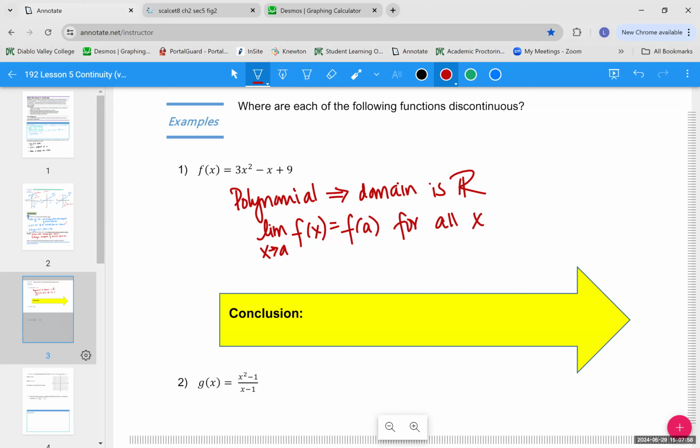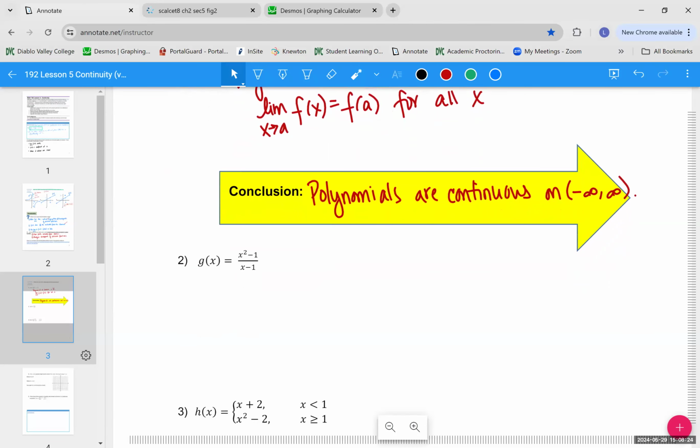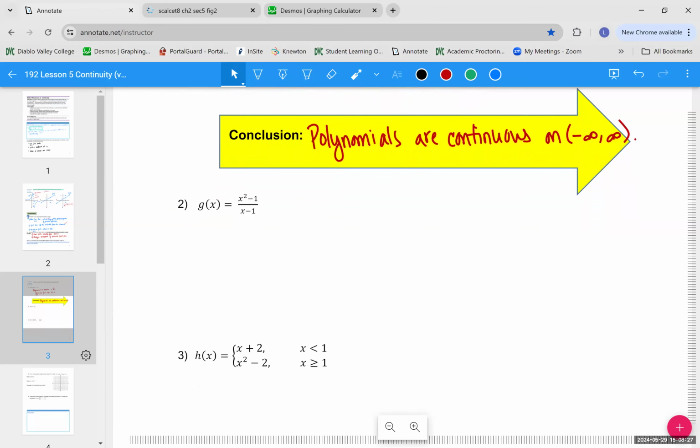And so the conclusion we can draw here is that polynomials are continuous everywhere. And that is one reason why in math we often like to work with polynomials. I don't know if you've ever heard someone say that they're well behaved, and they are. They're considered functions that are nice. One of the reasons is because they're continuous everywhere. They're defined everywhere, and they're continuous everywhere.